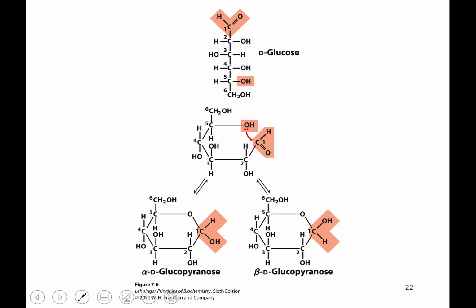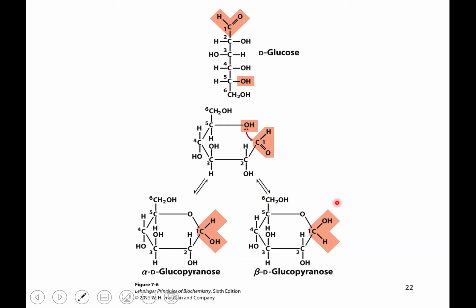That forms a ring, and if you're pushing electrons, these electrons go there, and those electrons would come out and grab a hydrogen. This OH group that's formed can now either be above the plane of the ring or below the plane of the ring. If it goes above the plane of the ring, that's on the same side as our CH2OH group at carbon 6, right? You can think of it as kind of like a cis isomer.